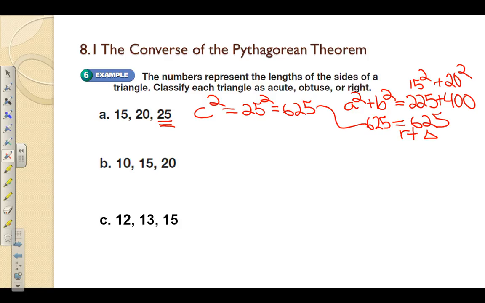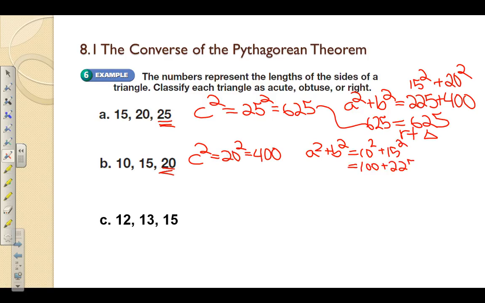I'll go into B and see how that works. My longest, again, is 20, so c squared equals 20 squared, or 400. And then my a squared plus b squared is going to be 10 squared plus 15 squared. So that's 100 plus 225, or 325. So 400 compared to 325 is greater than.